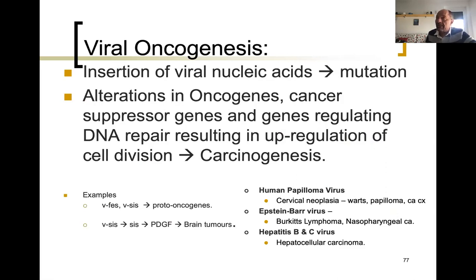And now young girls can be vaccinated for human papillomavirus. It's something that started a few years ago, so we still don't know the long-term efficacy of this vaccine, but we will see. Another well-known cancer virus is the Epstein-Barr virus, which is responsible for Burkitt's lymphoma and for some kinds of nasopharyngeal cancer.